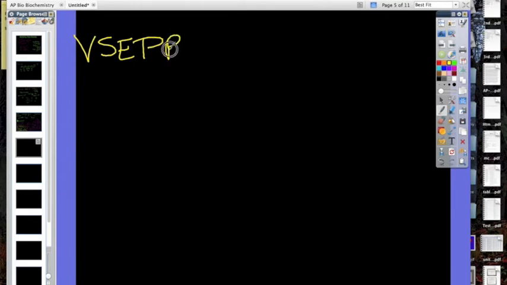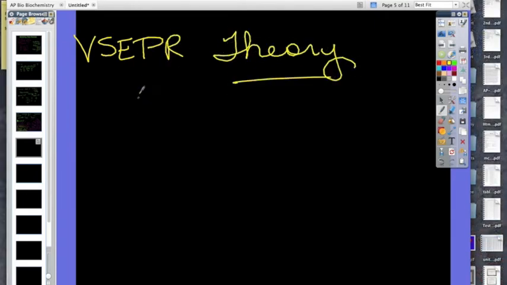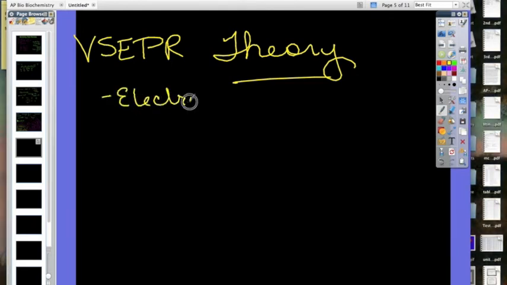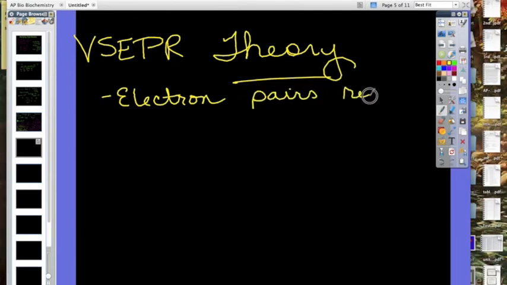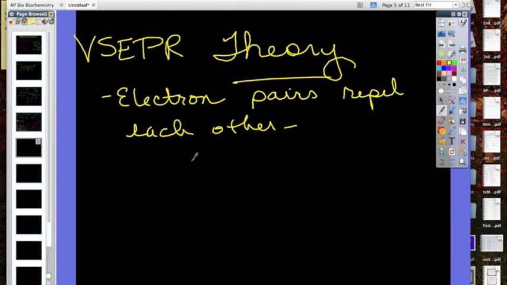All right, and then we talked about something called the VSEPR theory. And with the VSEPR theory, this is talking about how electron pairs repel each other. And they determine the shape of the molecule.